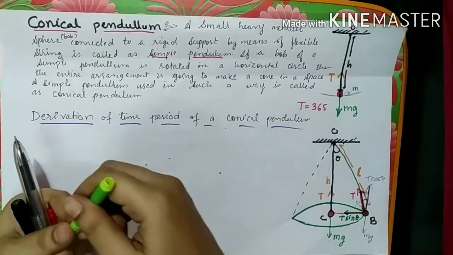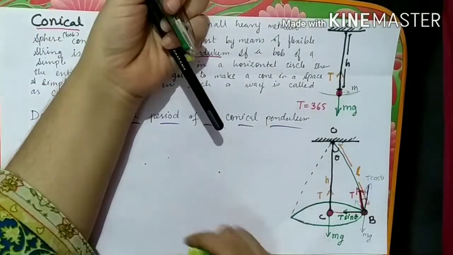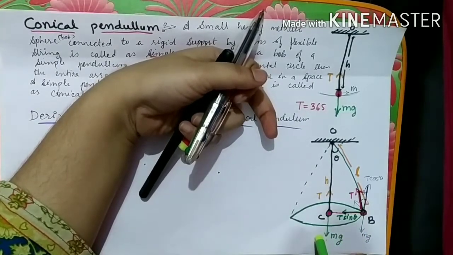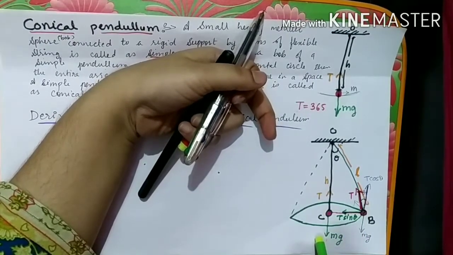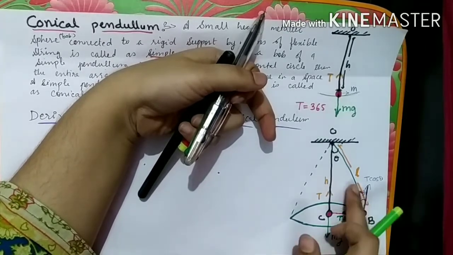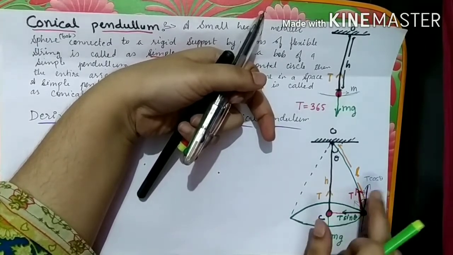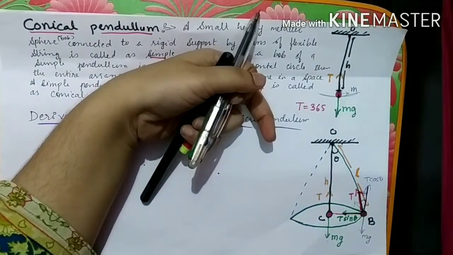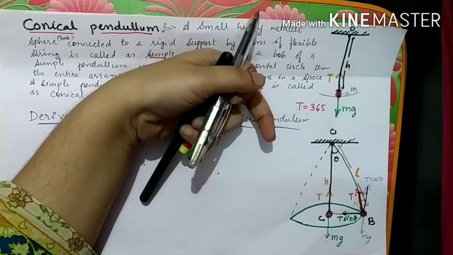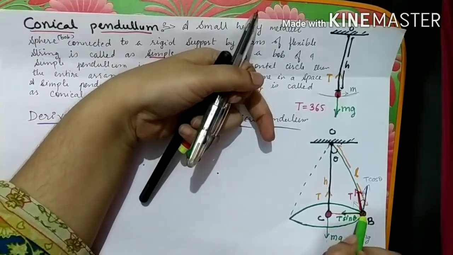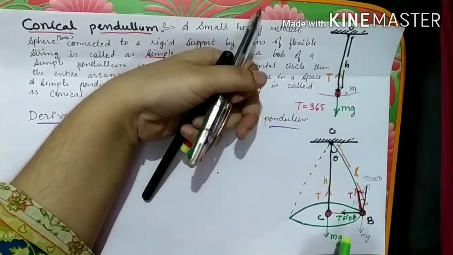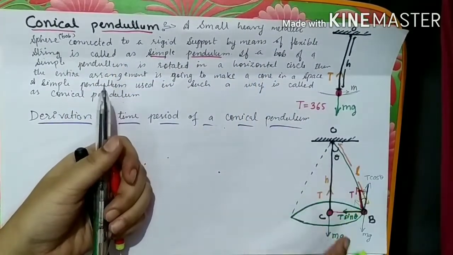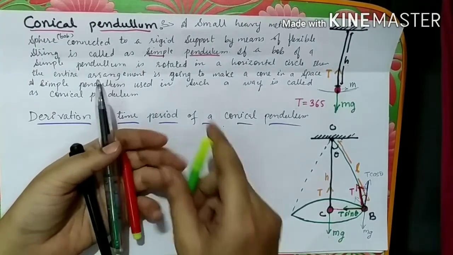So how many forces are there? Initially there were two forces, T and mg, but here we have three forces: mg, and as tension T is completely resolved, T cos theta and T sin theta. T cos theta is vertically upward and mg is vertically downward.